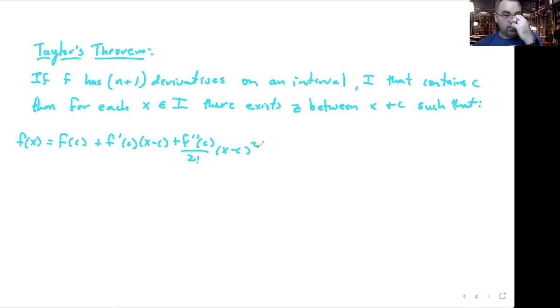You see what I'm doing here? I'm just writing out the Taylor polynomial, up to x minus c to the nth, plus some remainder.